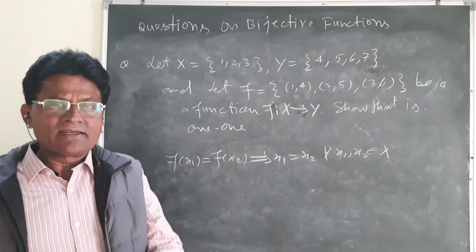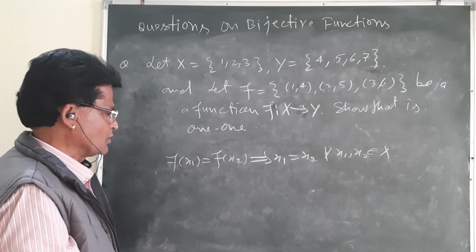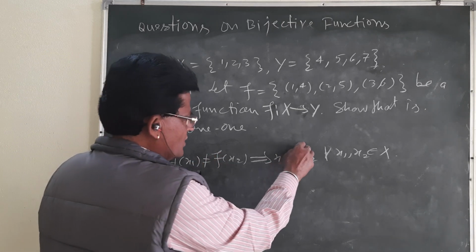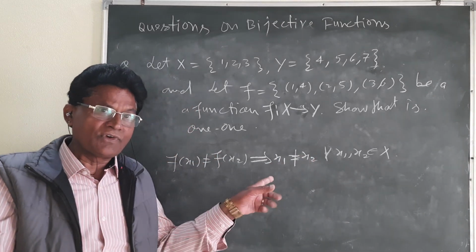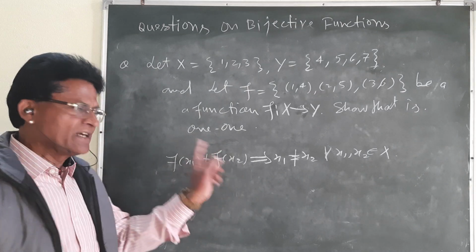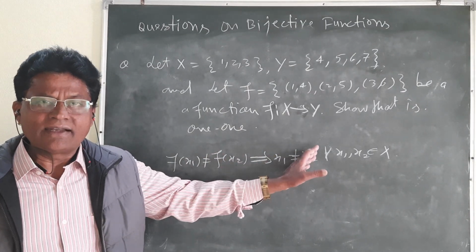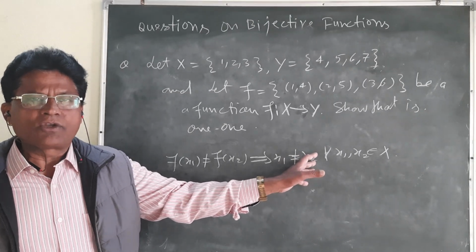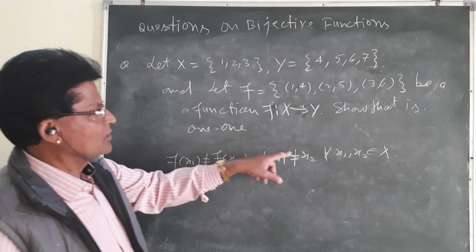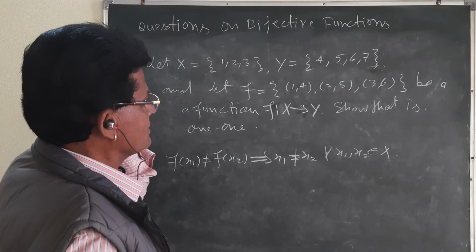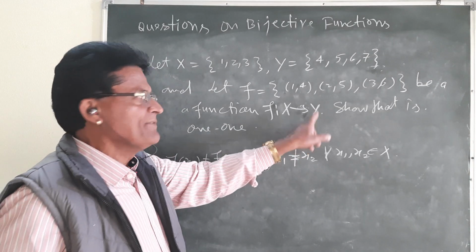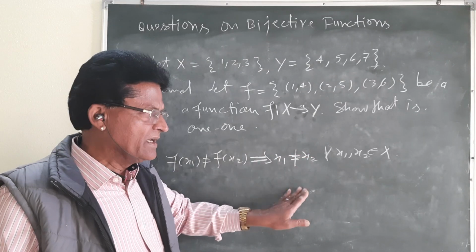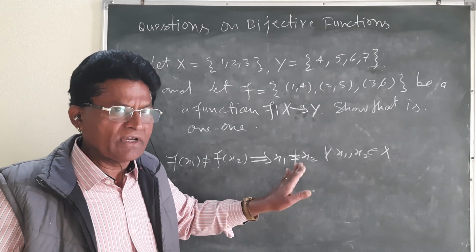See another thing: if such a question comes, you can solve it like that also. If f(x1) does not equal f(x2) and x1 does not equal x2, then also the function is one-one, because each and every element of Y is mapped with some element of X. The meaning is the same as this definition. That is why see carefully.